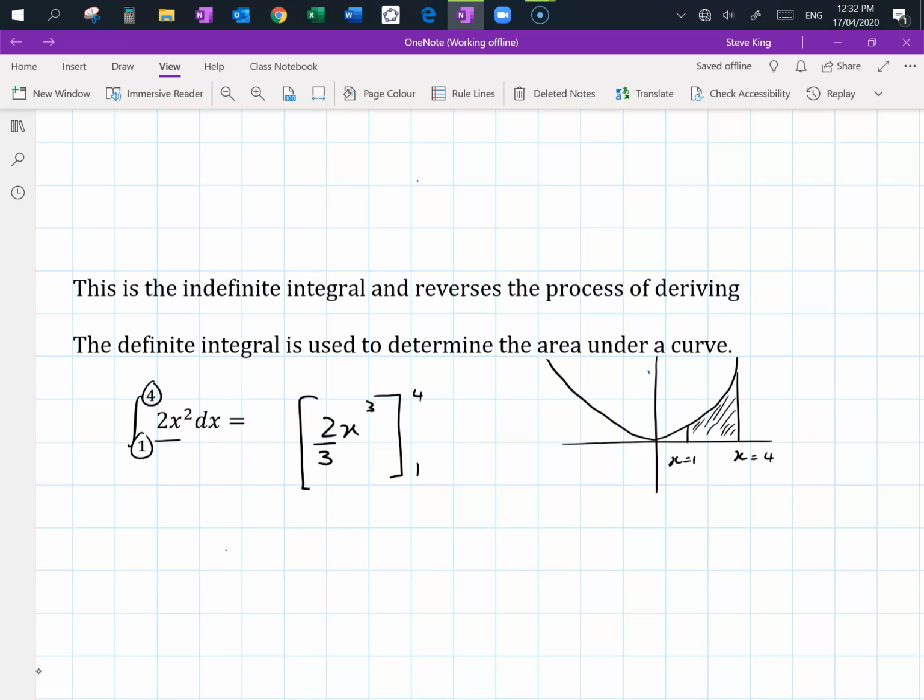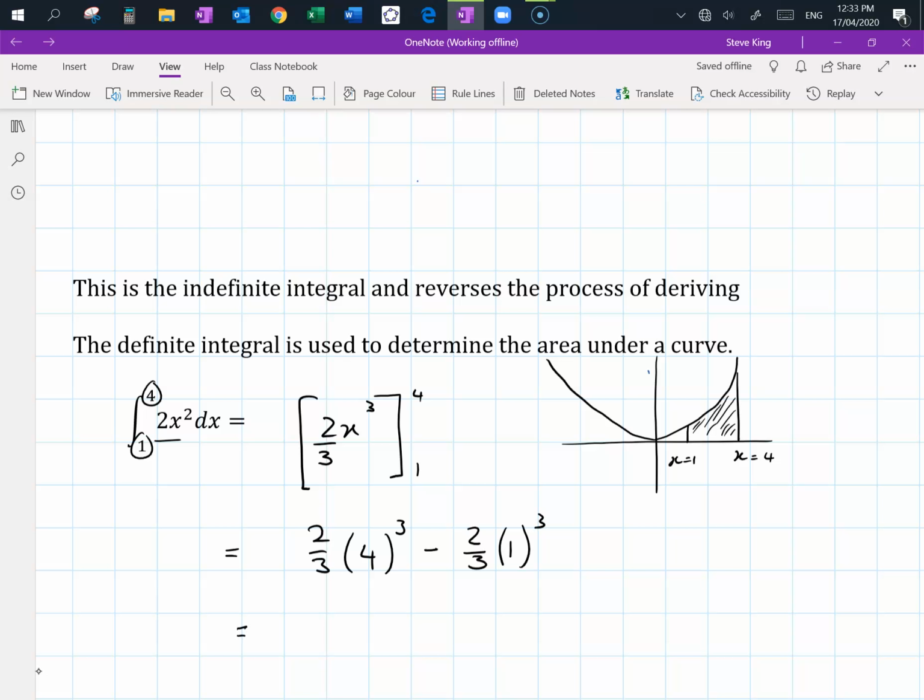Having got to that stage, what I'm going to do is substitute in values there. So this is going to be 2/3 of 4 cubed minus 2/3 of 1 cubed.